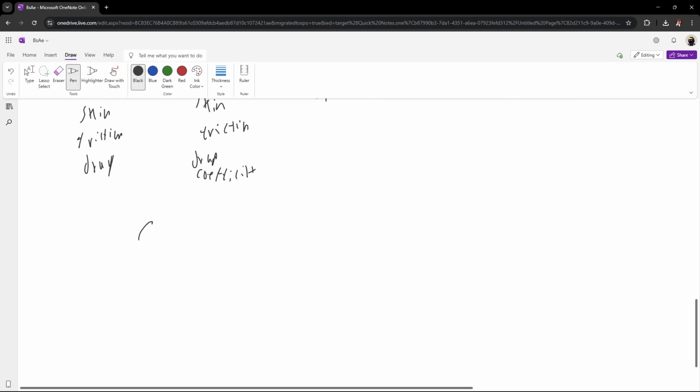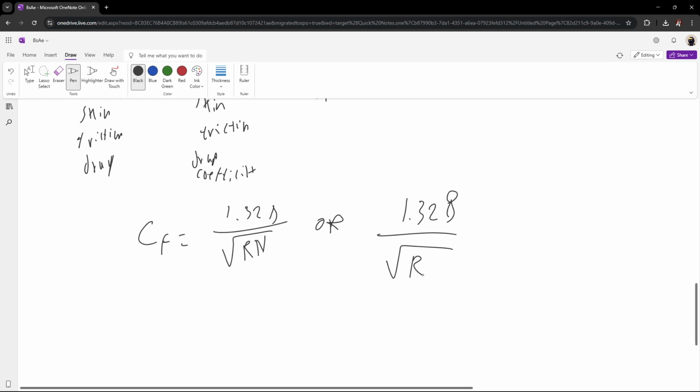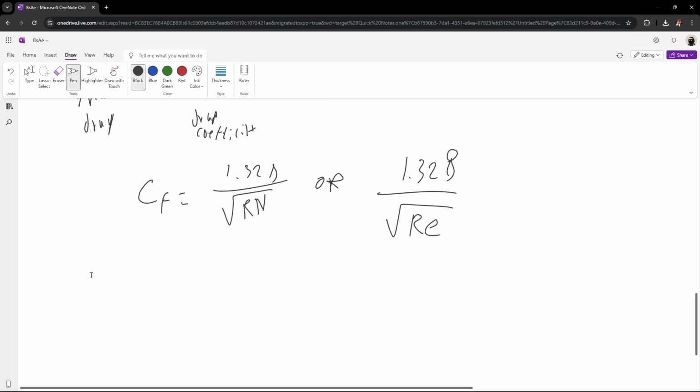The second formula is for the skin friction coefficient, which is 1.328 over square root of Rn, or in some references 1.328 over square root of Re, the Reynolds number.